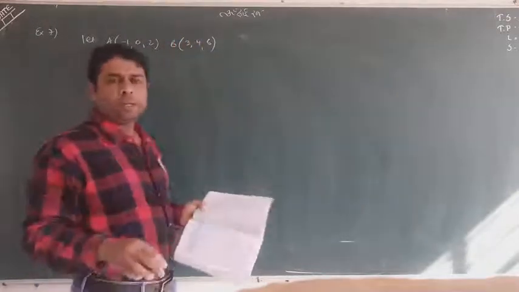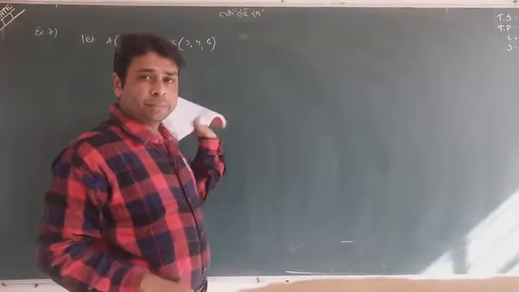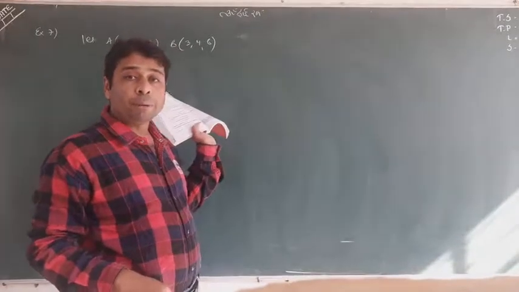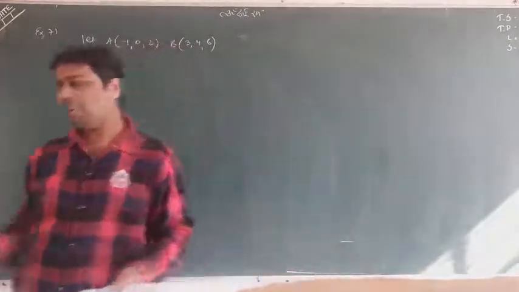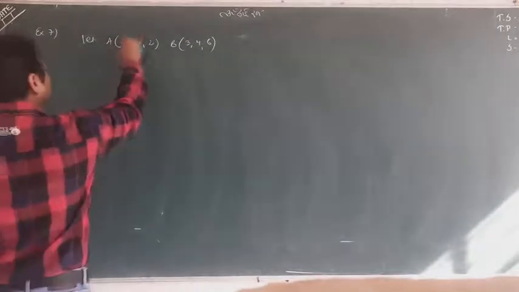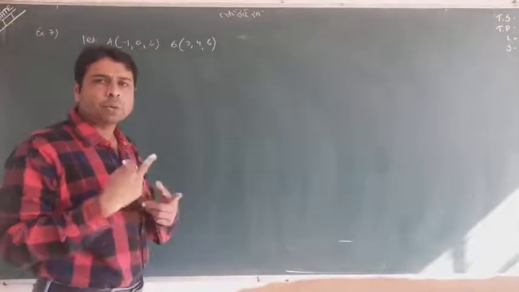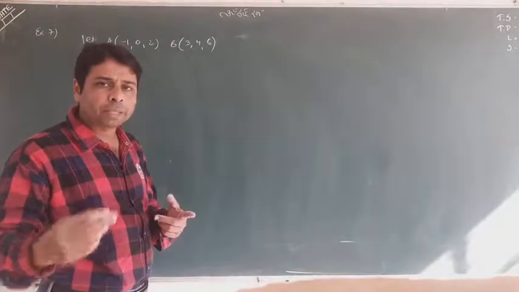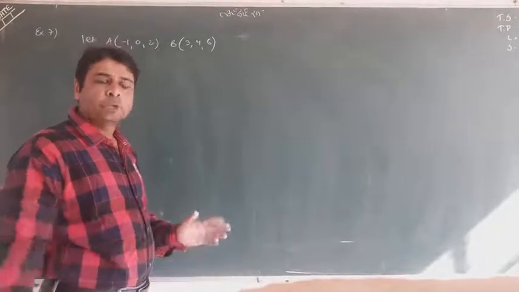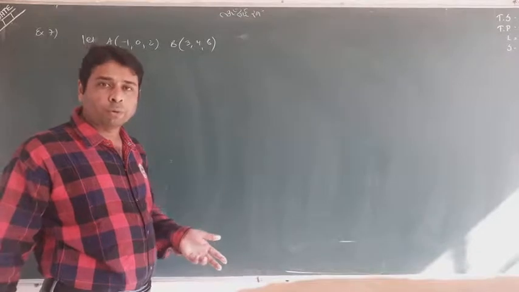You don't bother that the coordinates are given in Cartesian form but we are asked for vector form. No matter. We will find the vector equation of the line joining A and B. You know the formula: R equals A plus lambda (B minus A). That is the formula, so use it, since we want the vector form.